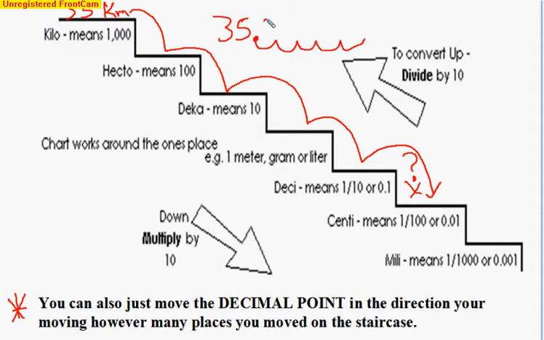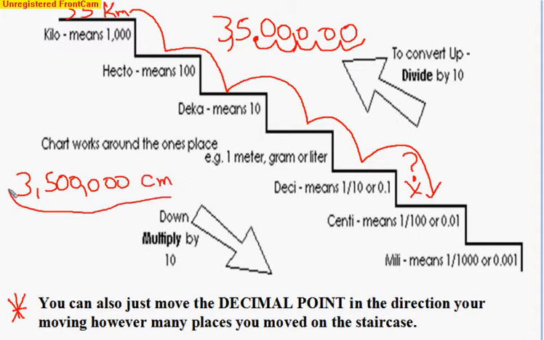Fill those in with zeros, as you remembered from your math classes, and my new answer now becomes 3,500,000. So I would have 3,500,000 centimeters in 35 kilometers. So hopefully we all remember that in the metric system.